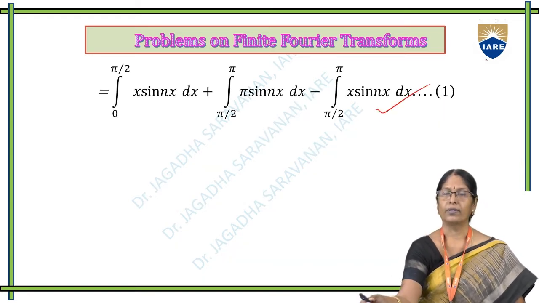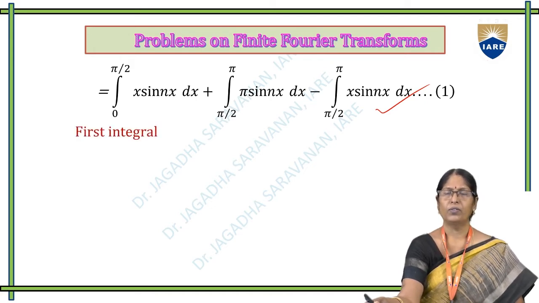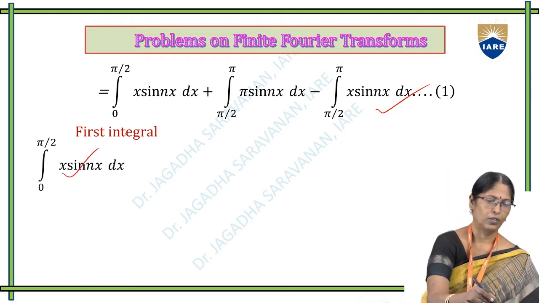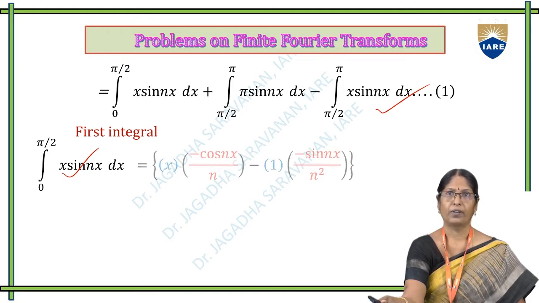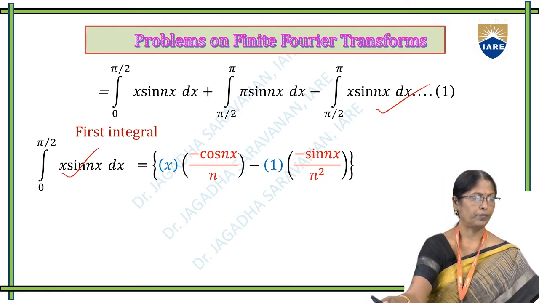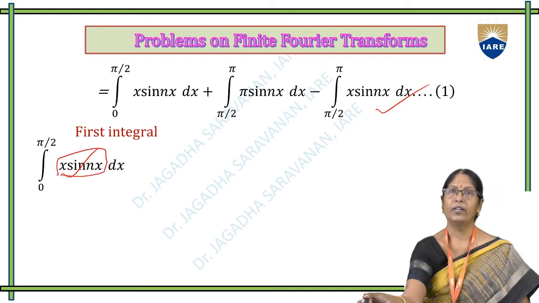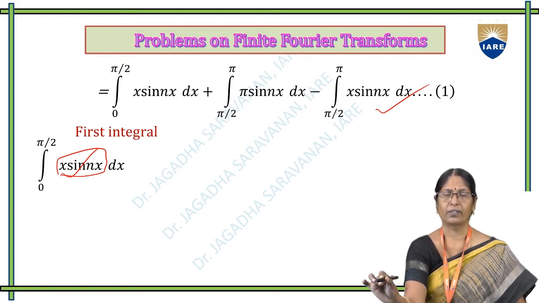This is equation 1, first integral: the integral from 0 to pi by 2 of x sine nx dx. A very simple way: first we notice the terms are x and sine nx.